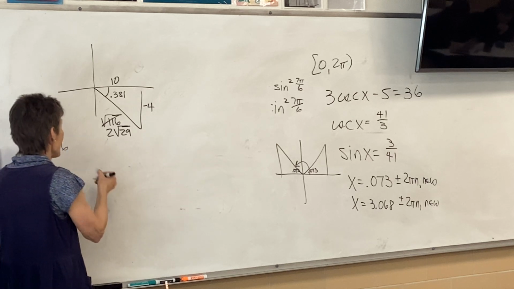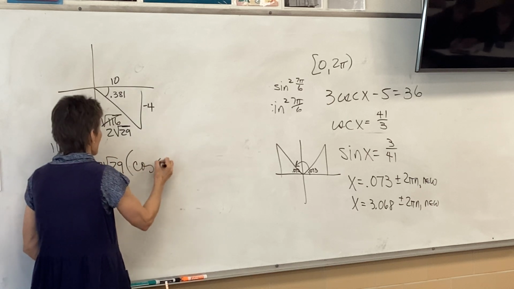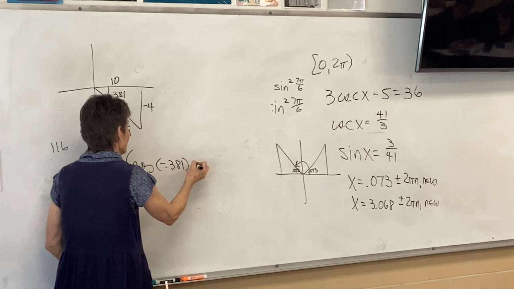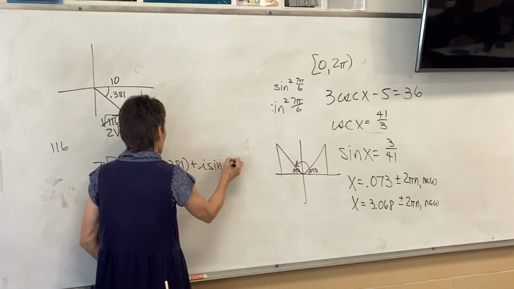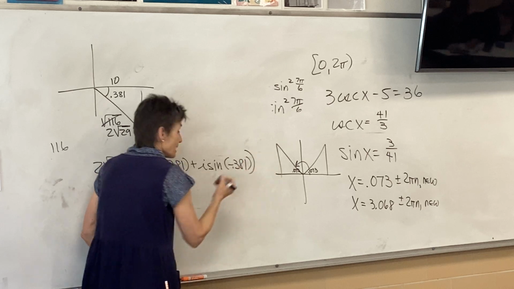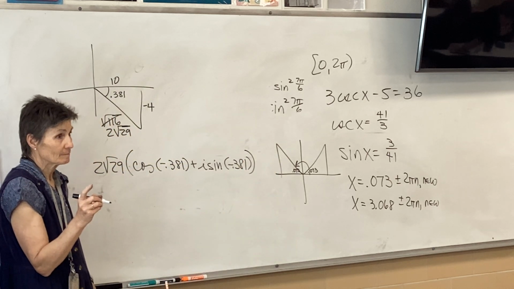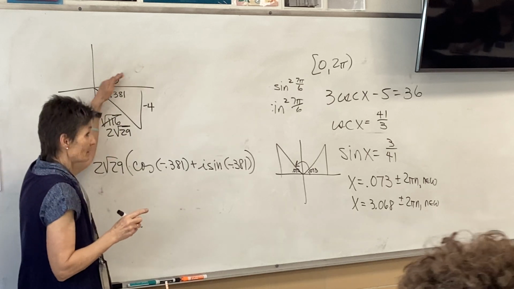So could I say 2 root 29 cosine negative 0.381 plus I sine negative 0.381? Would that be an acceptable answer? Yeah, gotta have the negative, right? Because positive would be up here.